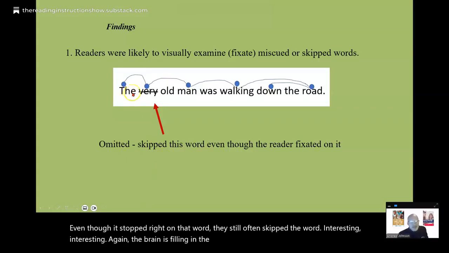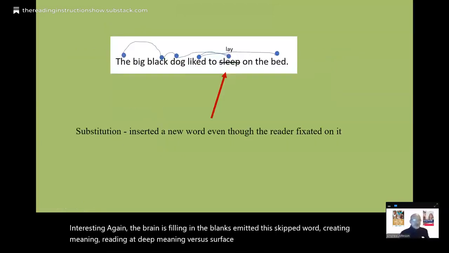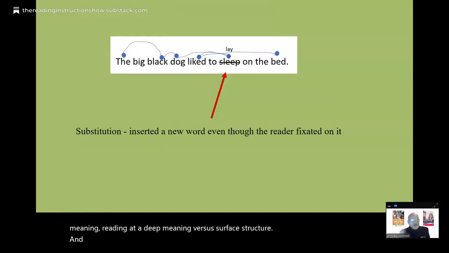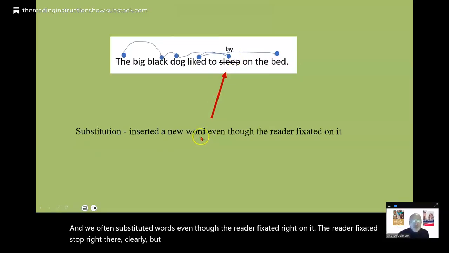Omitted, this skipped word, creating meaning, reading at deep meaning versus surface structure. And readers often substituted words even though they fixated right on it. The reader fixated, stopped right there clearly, but still substituted words.